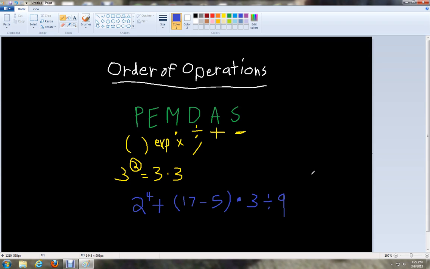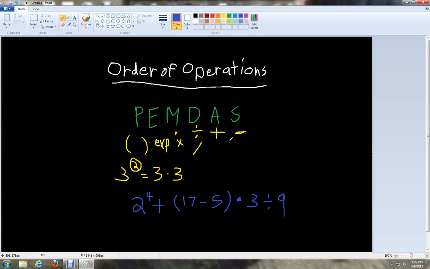So we have different operations here. You see that we have addition, we have subtraction, we have multiplication, we have division, we have exponent, and we have a set of parentheses.